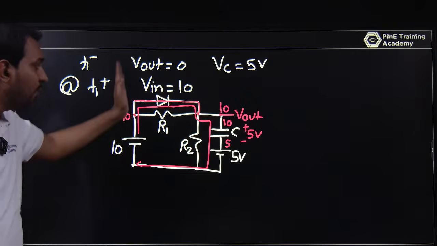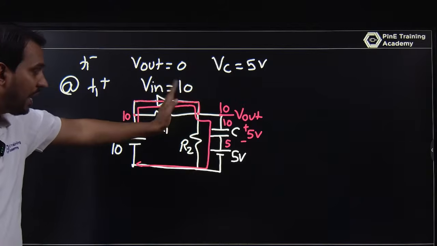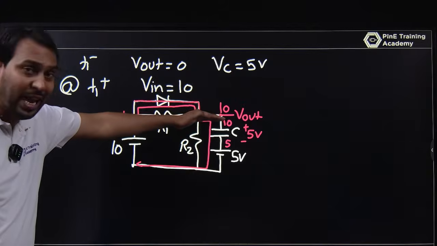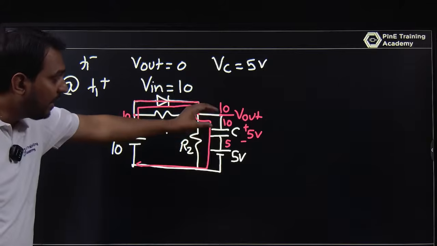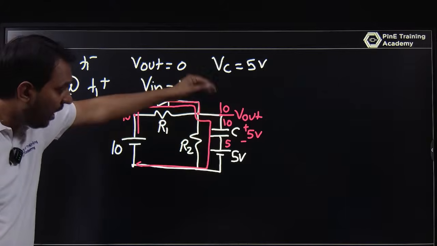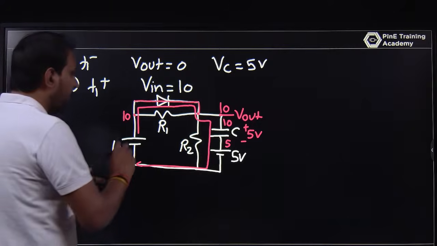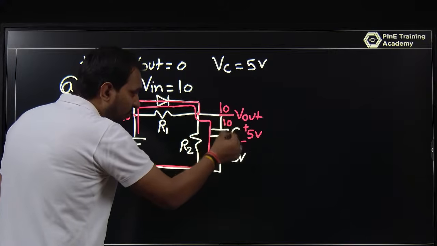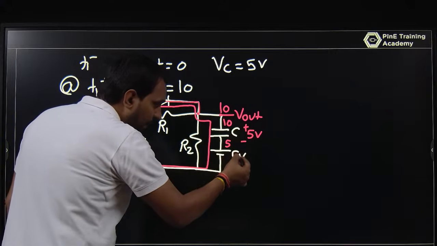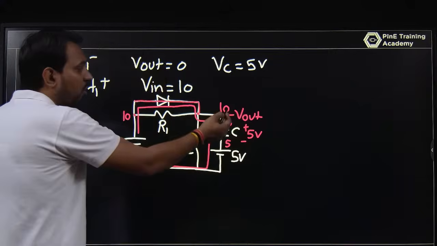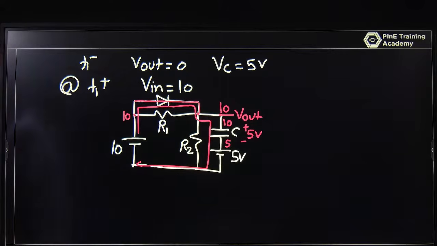Once this 10 volt is reached and the diode is a short circuit, the upper one is 10 and the bottom side is 5. That has a sudden change: the capacitor will hold the positive 5 volt from the upper side. And if you look from this point it is 10 volt, and from this plus 5 volt, and plus 5 volt is 10 volt. You can check from this point or this point that Vout remains 10 volt.